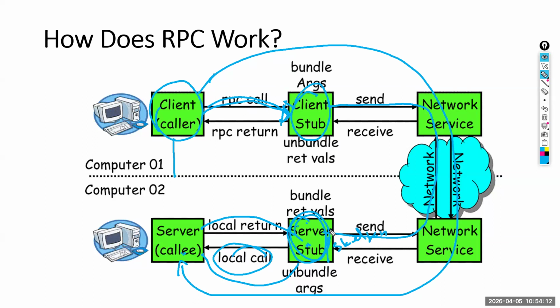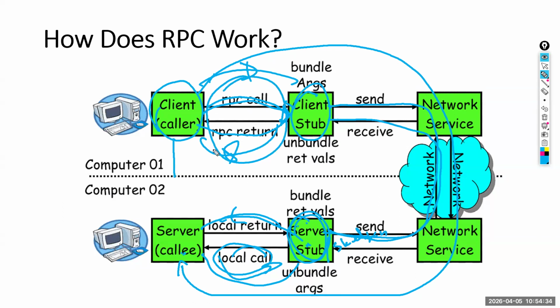Then the server skeleton gives it back to the client stub, and the client stub gives it back to the client. So these calls are local calls, meaning in the same machine.